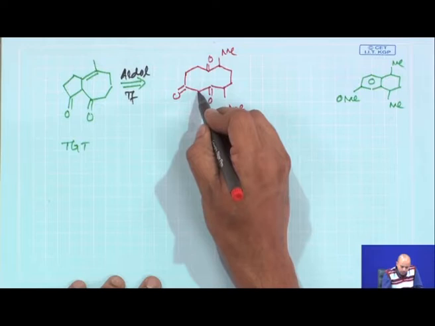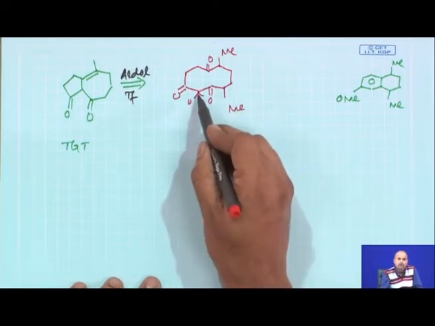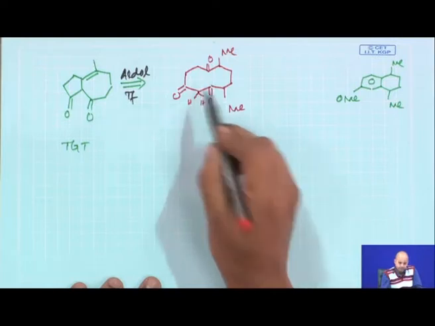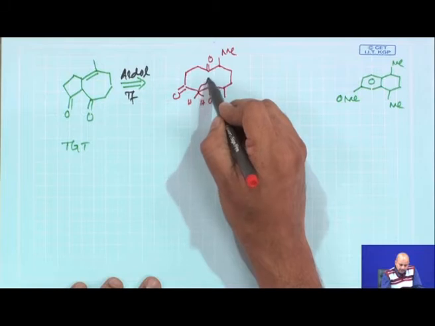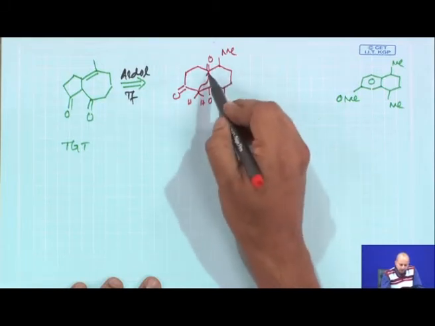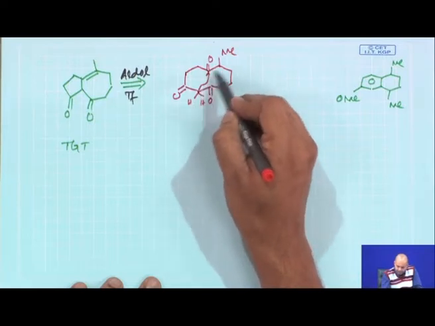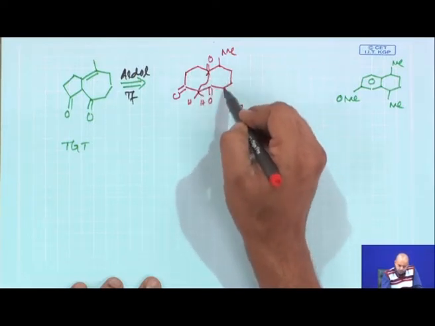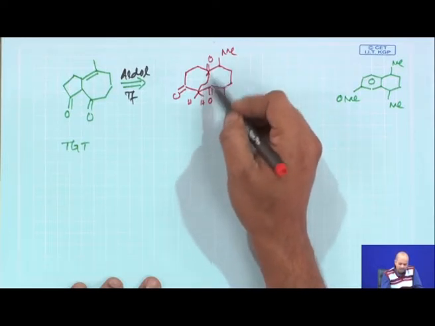It is basically a 1,3 dicarbonyl compound. So, you might expect that this hydrogen is much more kinetically acidic. So, immediately it will be picked up and then this will attack this carbon, and now this is basically 1, 2, 3, 4, 5 and the right hand side ring will be 1, 2, 3, 4, 5, 6, 7. So, this aldol dehydration basically we are talking about.